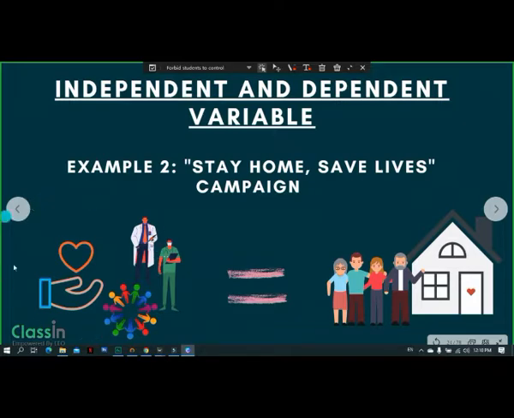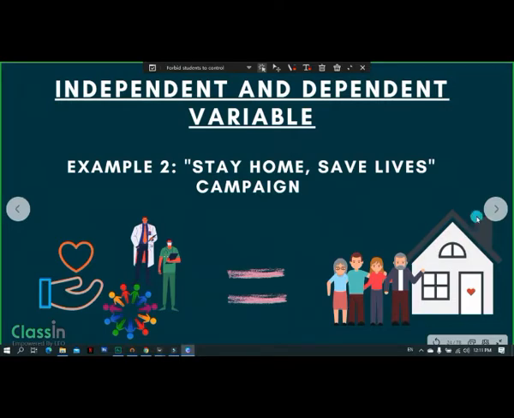Kaya makakapag-save tayo ng maraming buhay. Kaya po tayo pinagstay sa bahay para hindi po tayo magkaroon ng virus and in order na hindi din po tayo makahawa ng ibang tao. So, nakakapag-save tayo ng lives kapag tayo po ay nag-i-stay sa bahay.